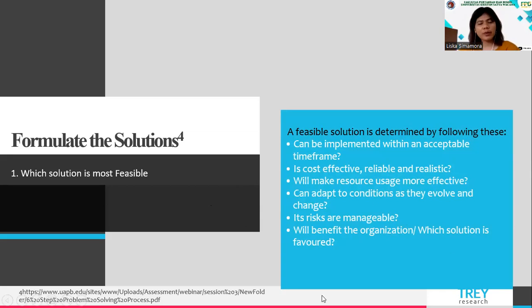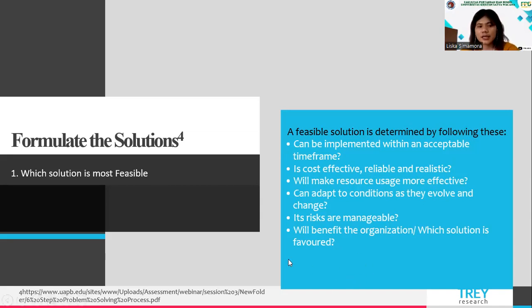If it's manageable, maybe your idea is feasible. Oh, sorry, I skipped this question. Can the agrotourism adapt to conditions as they evolve and change? So, for example, if agrotourism currently has a particular program, you have to be able to think about whether your idea is still adaptable for the next years in the future, right?